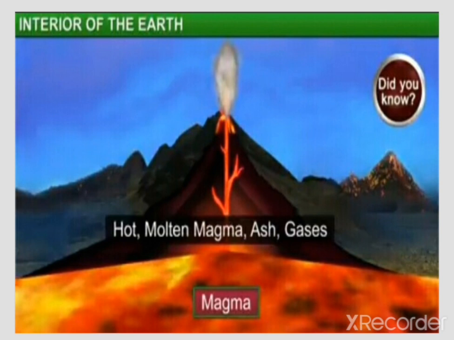Got it, everyone? Not only are the magma chambers located in this layer, we can find the epicenters of earthquakes also. In this way, we have noticed that the magma chambers and epicenters of earthquakes are located here.